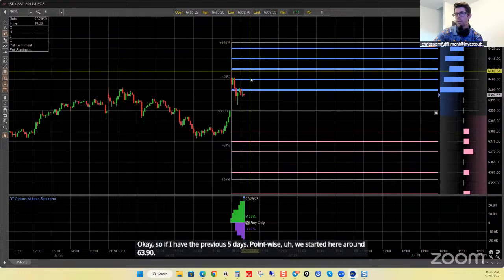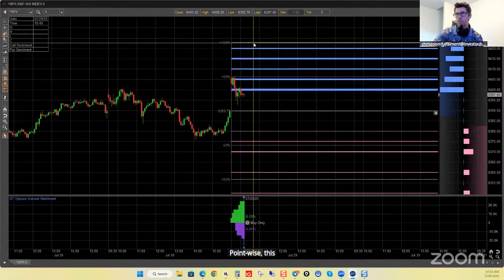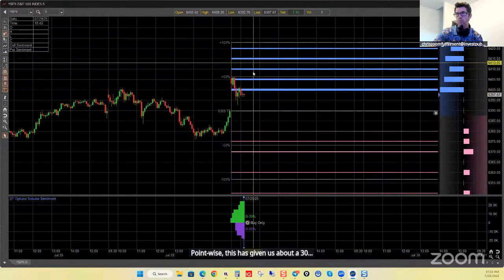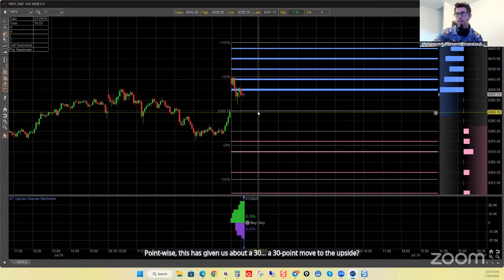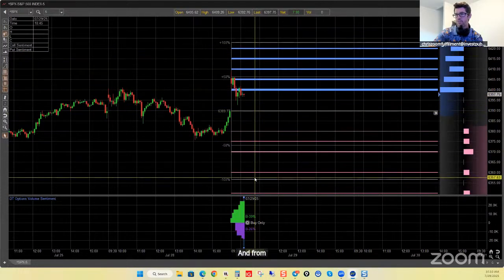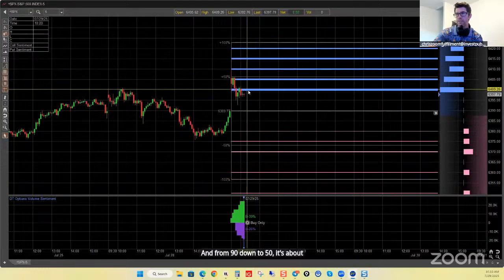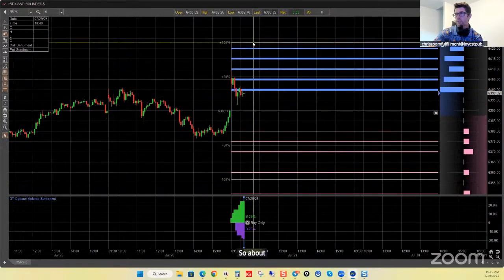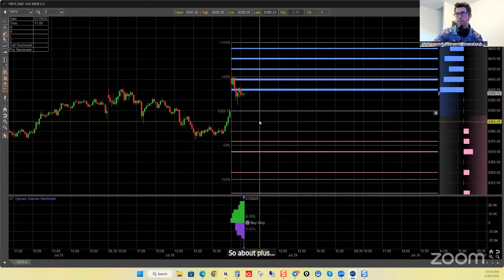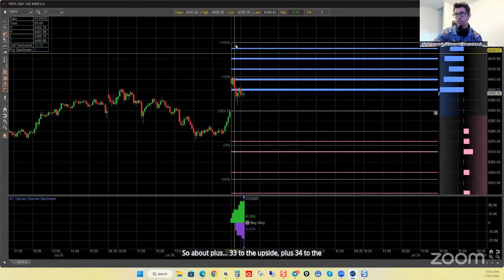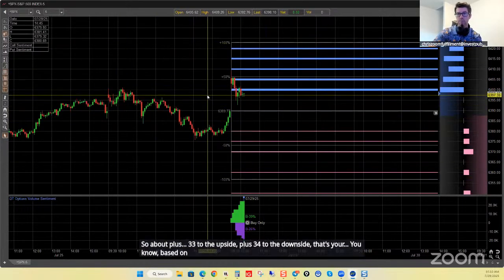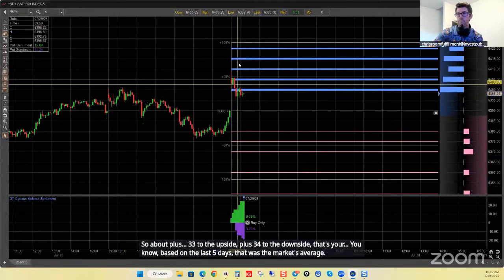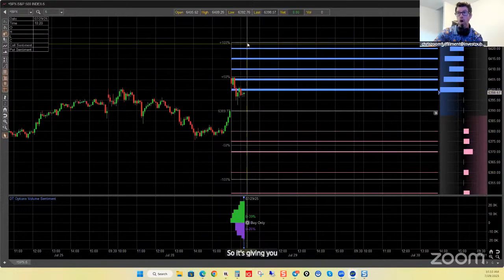This has given us about a 30 point move to the upside, and from 90 down to 50, it's about a 34 point move to the downside. So about plus 33 to the upside, plus 34 to the downside. Based on the last 5 days, that was the market's average. So if we go 100% of those last 5 day averages, that gives you roughly where this market can go.